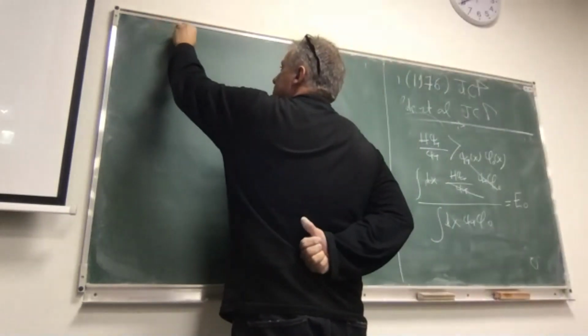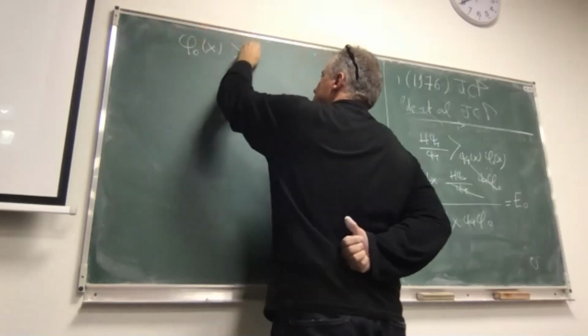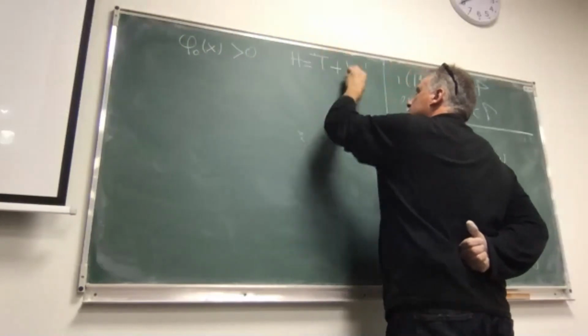We know that the ground state is positive. If you take a Hamiltonian of a molecule and you compute the ground state, the lowest state of the Hamiltonian, it is positive everywhere. It's easy to demonstrate.